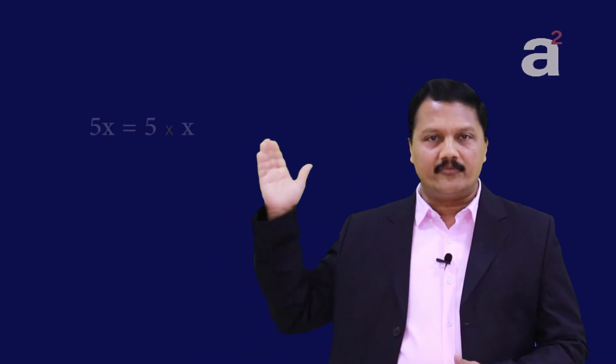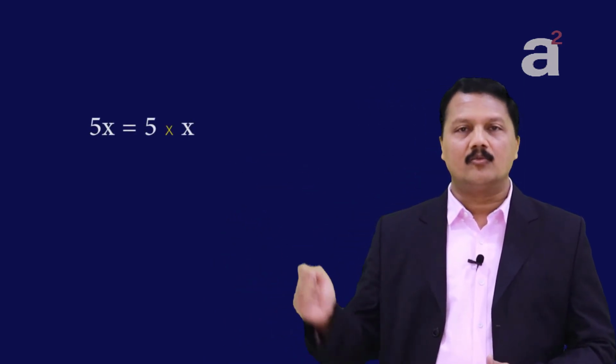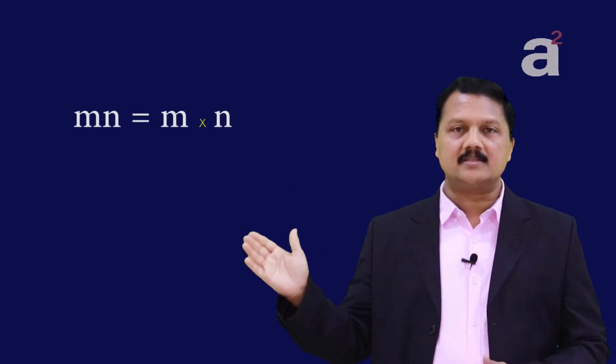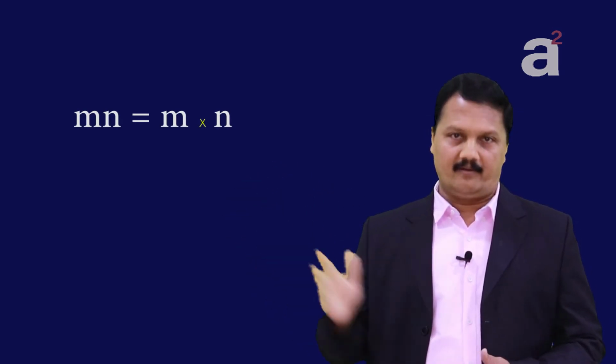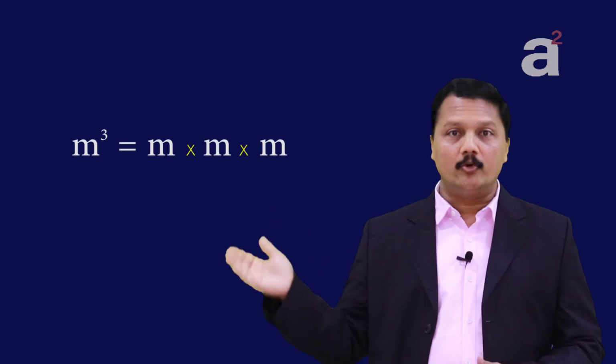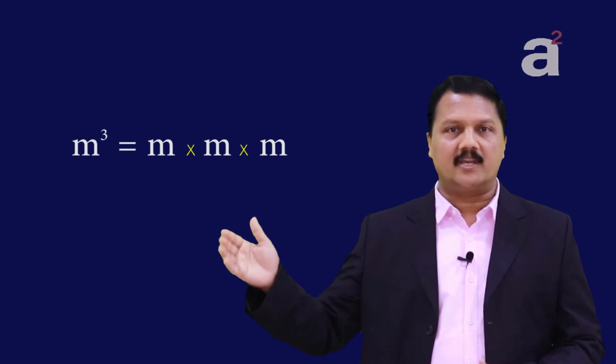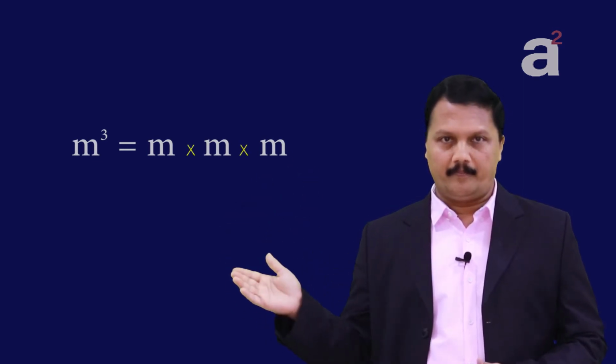In algebra, there are some common notations we have to learn about. If we write 5x, that means 5 times x. mn means m times n. What's m cube? That is m times m times m.